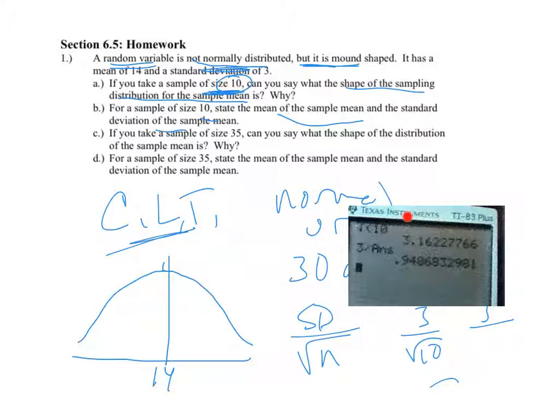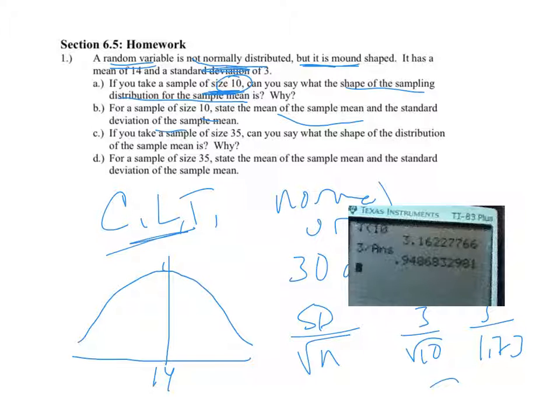You don't want to raise to the second power, you want to take the square root. So I took 3 divided by the square root of 10, and that's the standard deviation. At least it should be. Again, the conditions we aren't meeting here call us all into question.